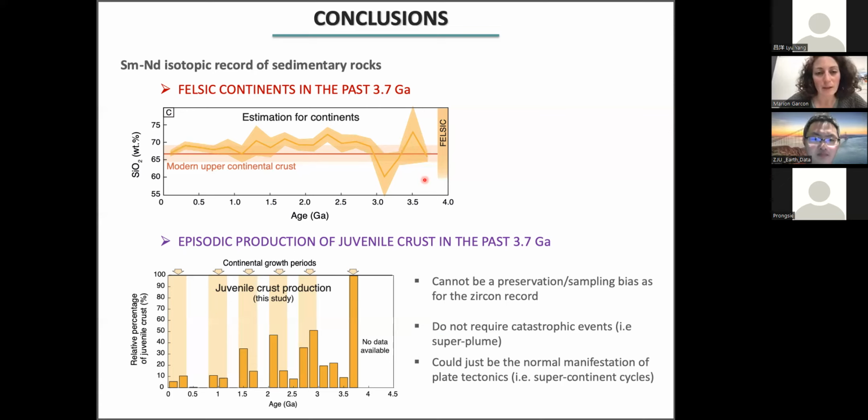This is a third type of bias, but it has no implication on the potential peaks here. If you have 3 or 10 samples, this will not change the size and the location of the peaks. But it's true that when you are older than 3 billion years, it becomes much less constrained because of the smaller number of samples we have.